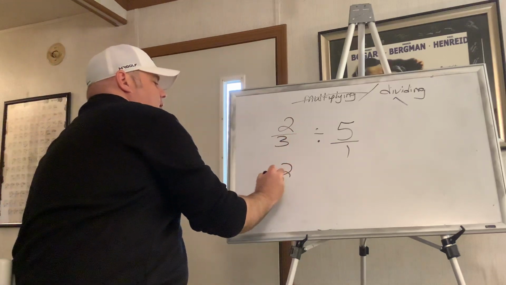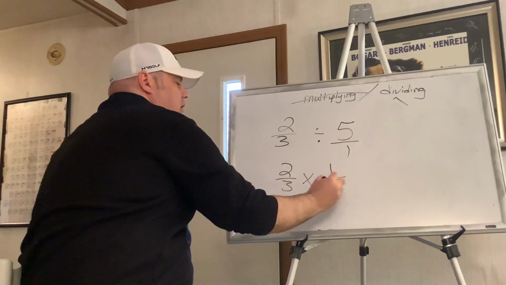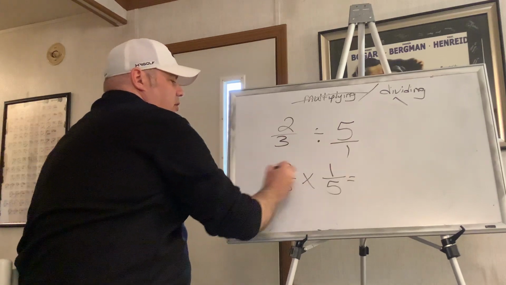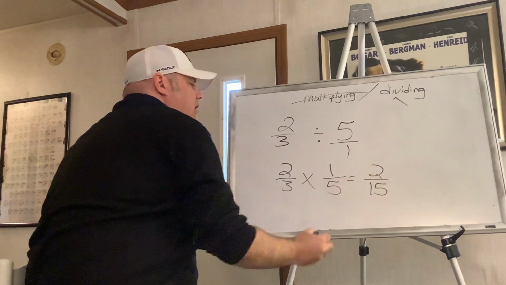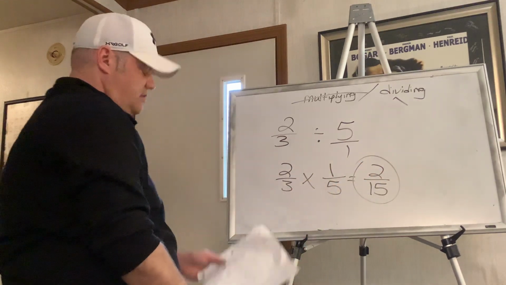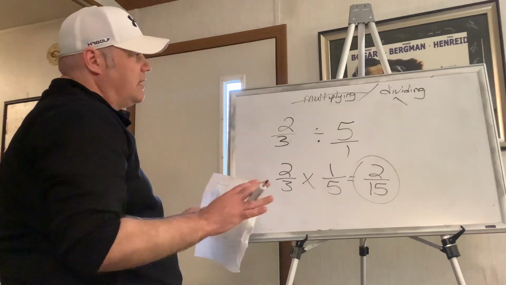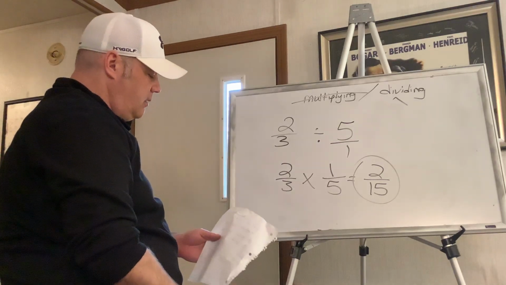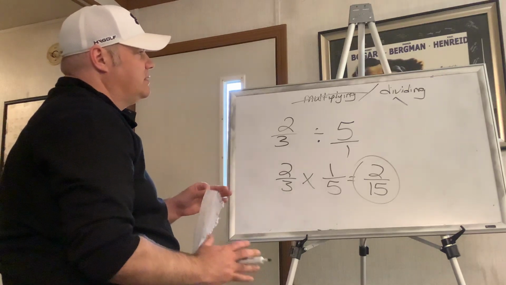And then keep, change, flip this over, and now we get a multiplication problem. 2 times 1, 3 times 5, and that does not reduce down, so it's 2/15. Hopefully you're seeing that's much easier than least common denominator, and I know fractions are the hardest.